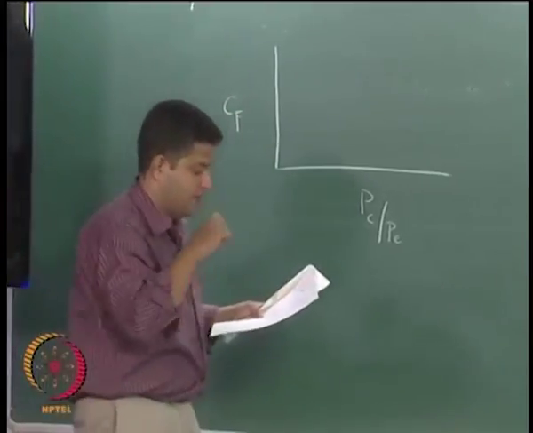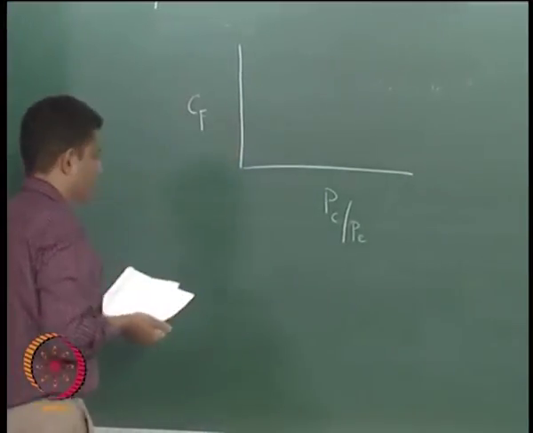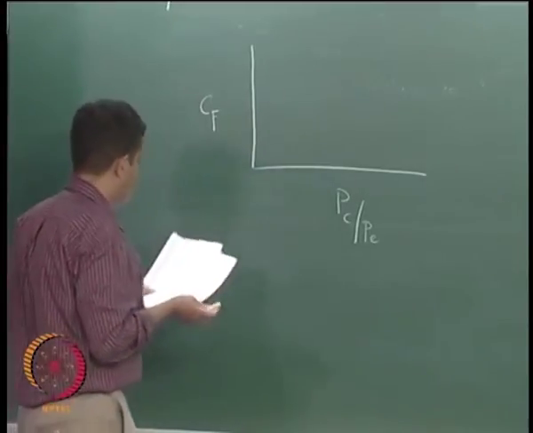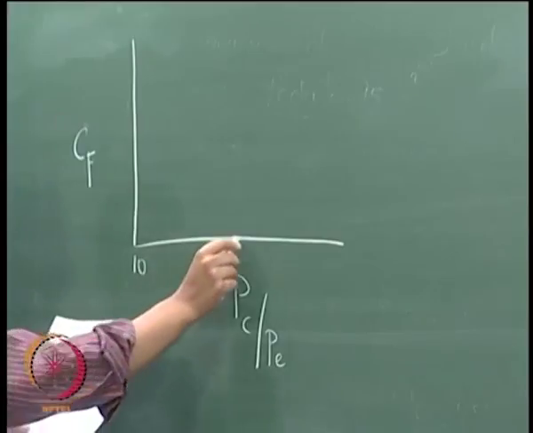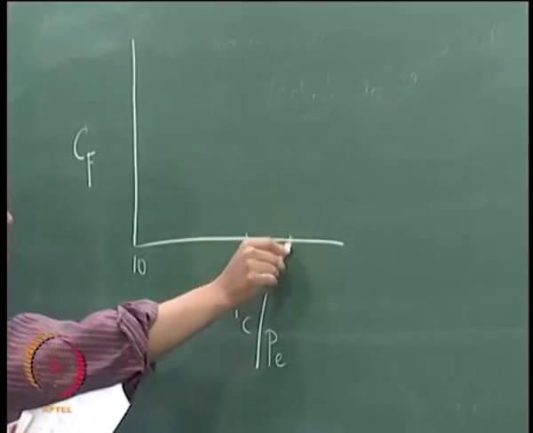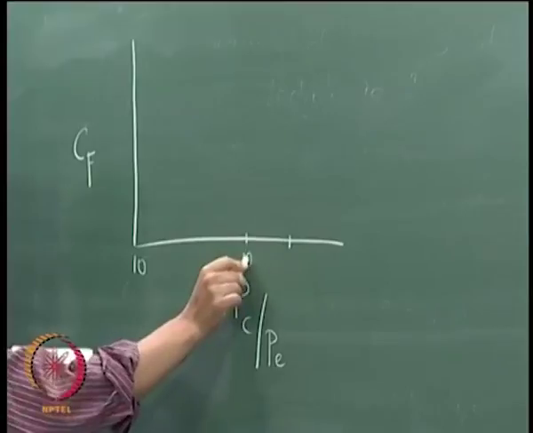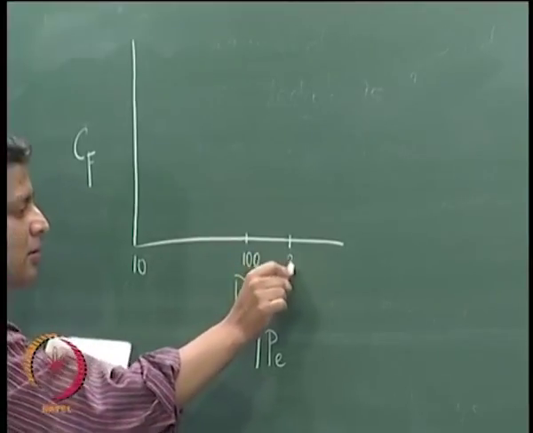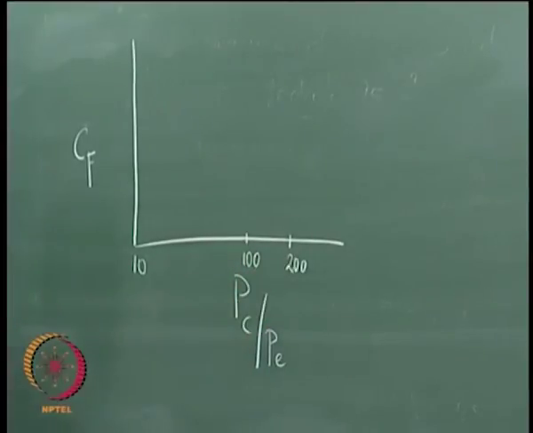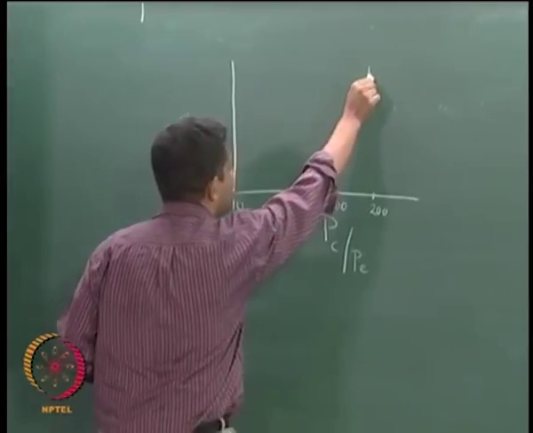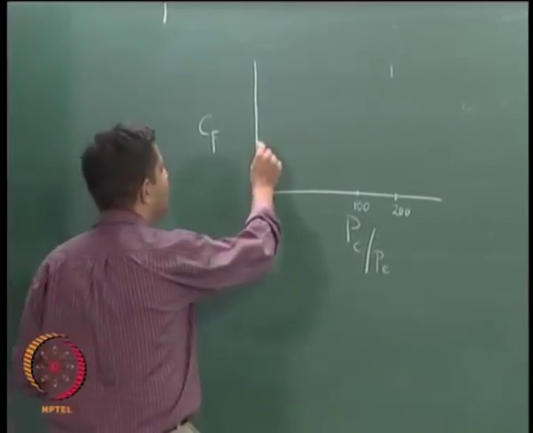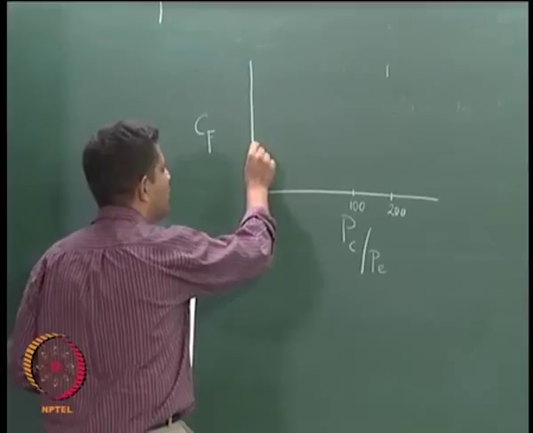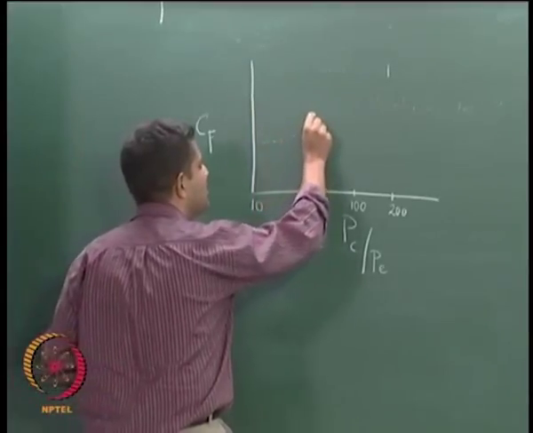If we have PC by PE on the x axis and CF on the y axis, this is a log scale. So if you have a nozzle designed for some high altitude condition somewhere here, a conventional nozzle or a conical nozzle will go like this.